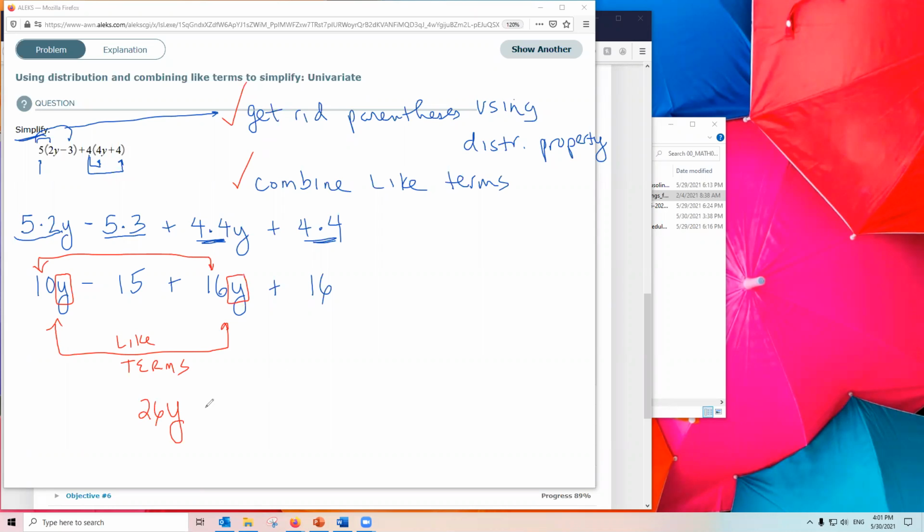And then I have 26y minus 15 plus 16. Well, of course, I can add these numbers together, right? These are just numbers, so I can add them together. I can think of this as negative 15 plus 16. That's a positive 1. So I end up with the final answer, 26y plus 1. Again, I can't combine these terms because they're unlike terms.